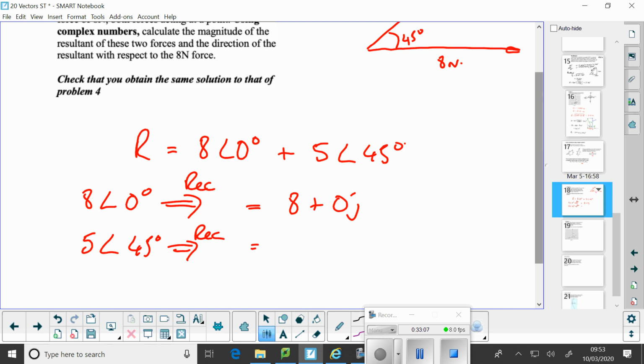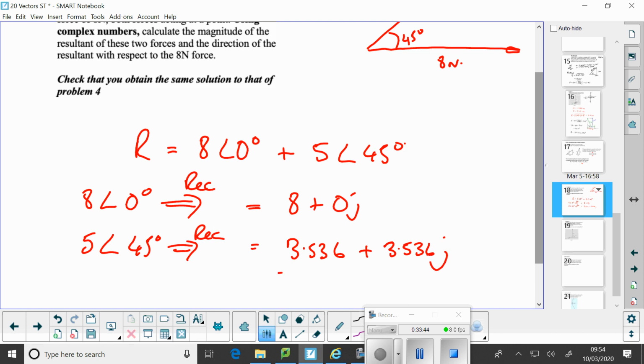What do you get? 3.536 is what I got. And your j part is 3.536. If you think about it, a 45 degree angle must have equal vertical and horizontal parts.